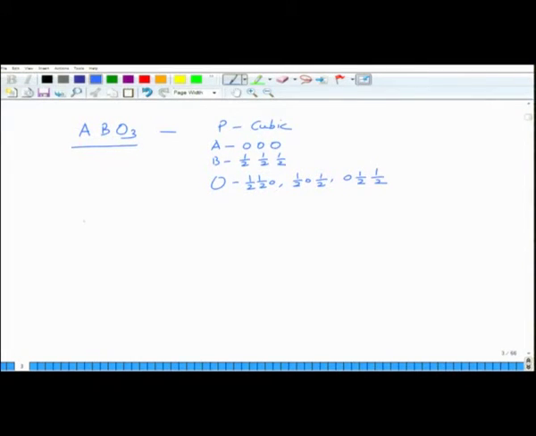But many ABO3 based compounds such as barium titanate, calcium titanate, lead titanate, and bismuth ferrite are ferroelectric in nature.